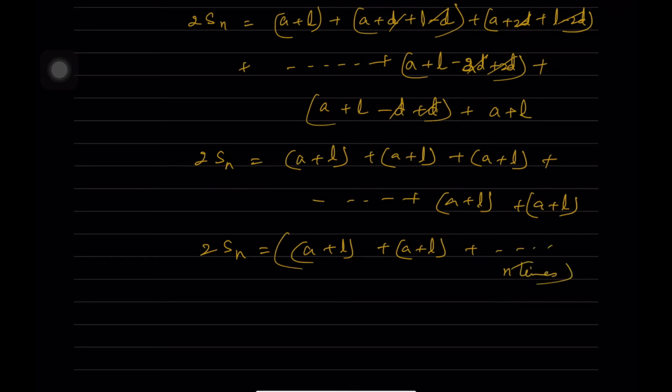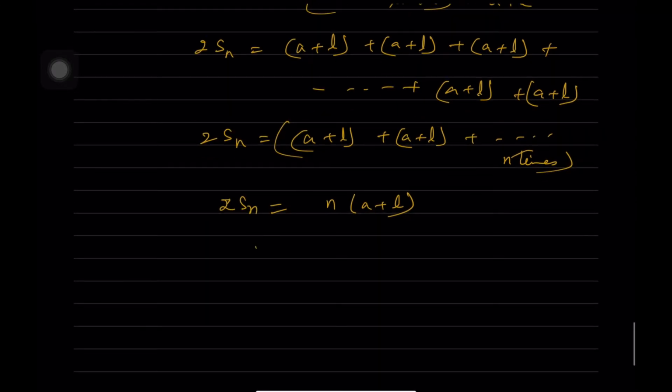When we are writing it n times, what does it mean? n into (A plus L). So 2Sn is equal to n(a plus L), or Sn is equal to n by 2 into (a plus L).